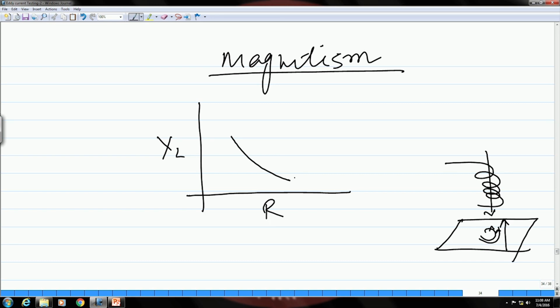Now, if for some reason this magnetic field of the eddy currents is suppressed or overshadowed, then this decrease in the reactance will not happen.